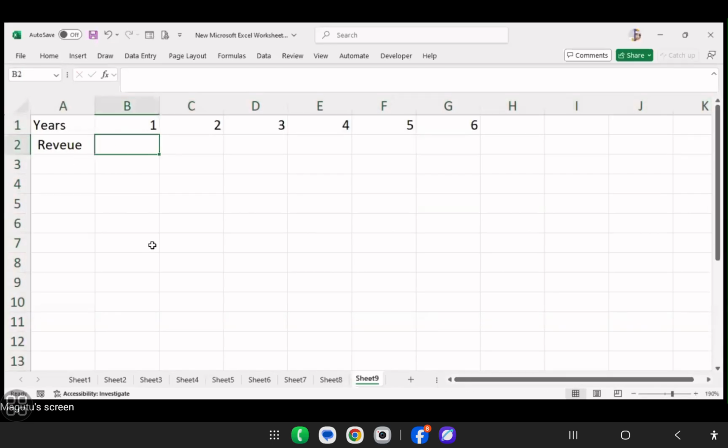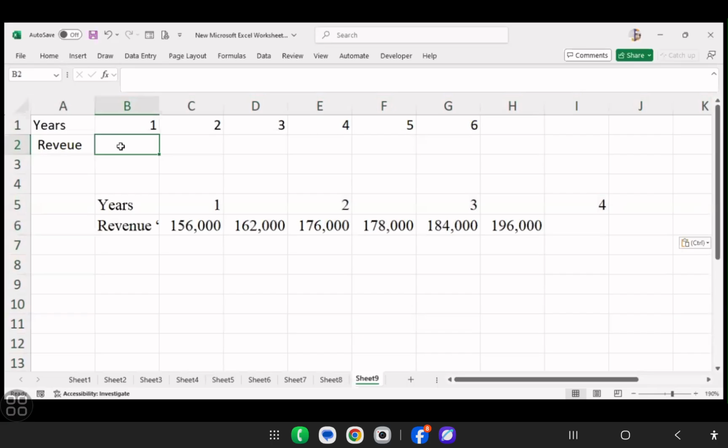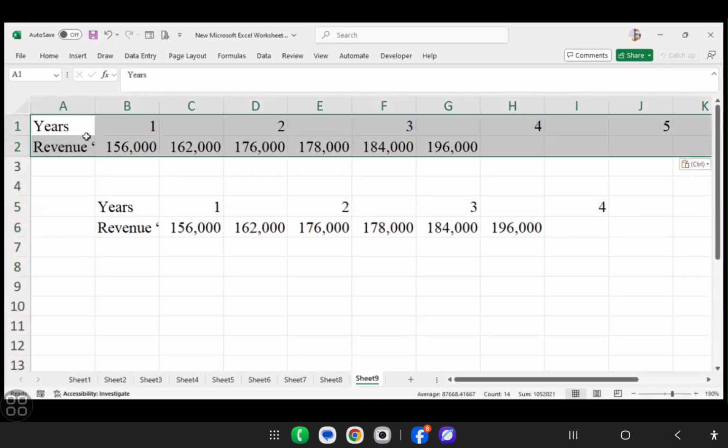The only thing that I need to borrow is the revenue. Yeah, good. In fact, I should have just pasted here.